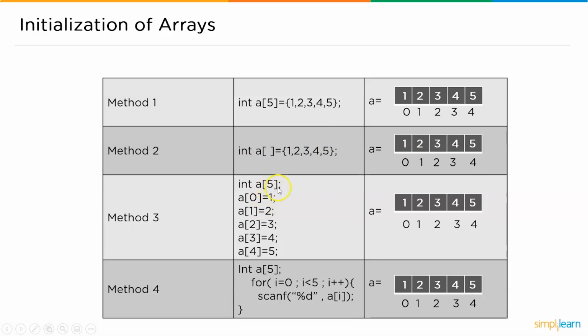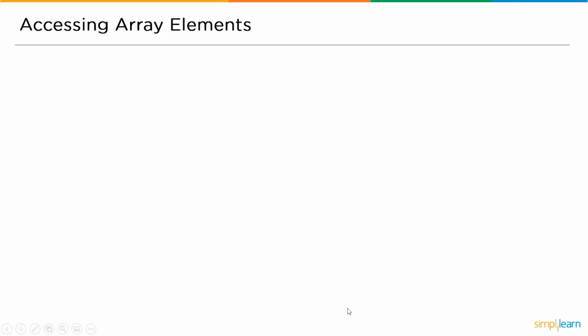Method 3: here you have the name of the array, the size of the array, and you're assigning the elements to individual memory locations. This is also another method to initialize an array, and method 4 is using a for loop. You can initialize a for loop and the i value will be stored in the array locations starting from 0.